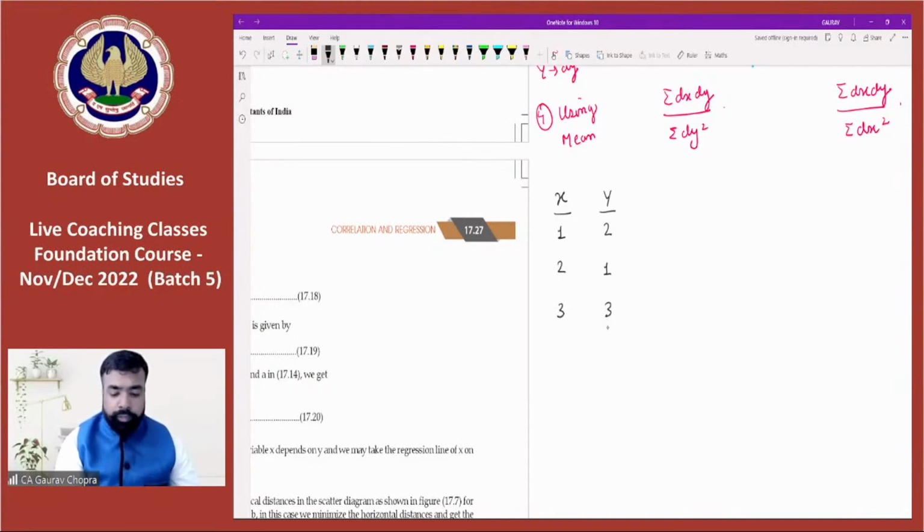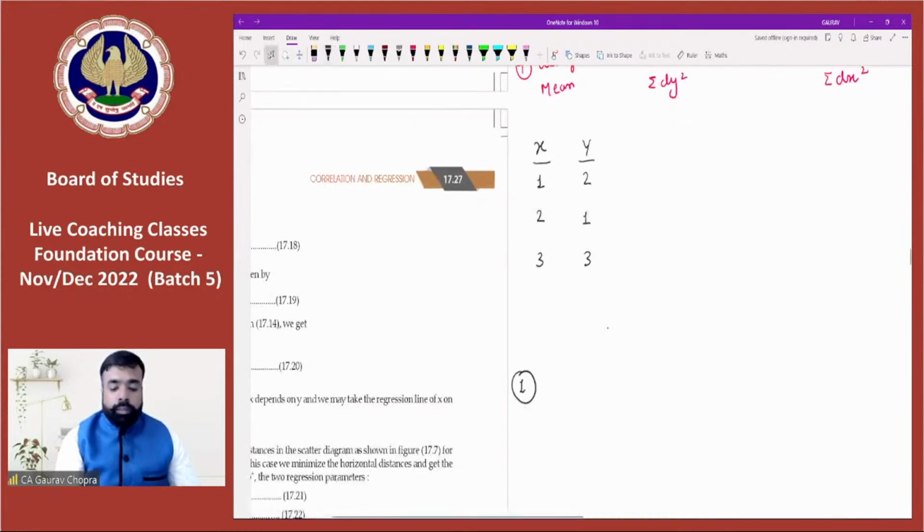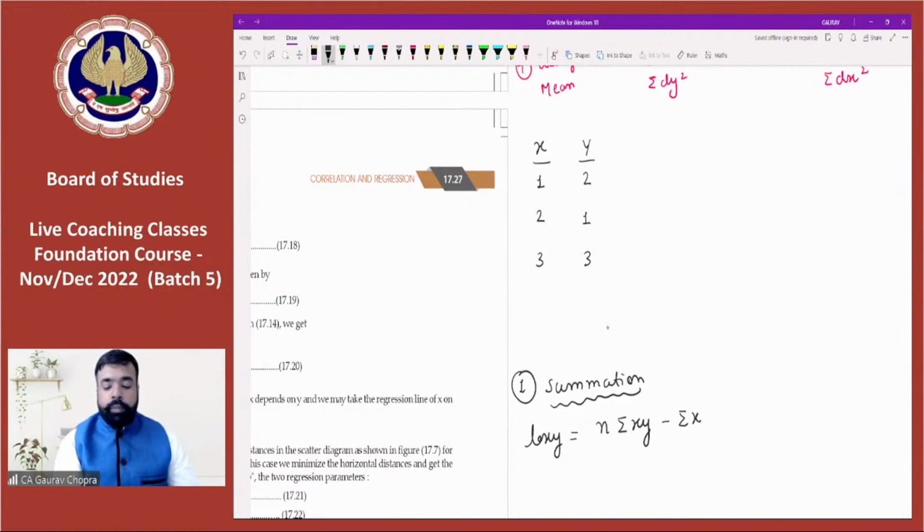So let us calculate with the summation method. Let us write the formula once again. bxy is n sigma xy minus sigma x into sigma y upon n sigma y square minus sigma y whole square.